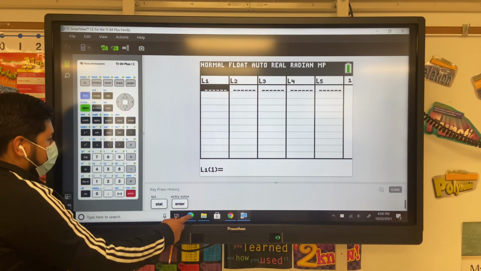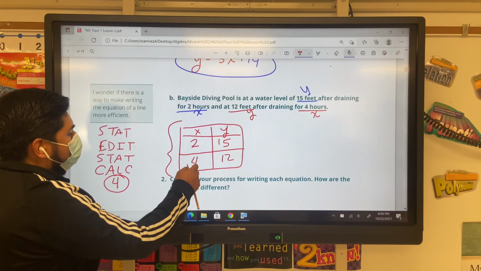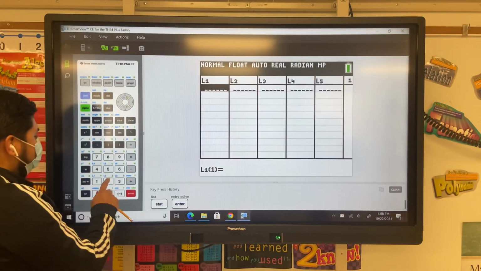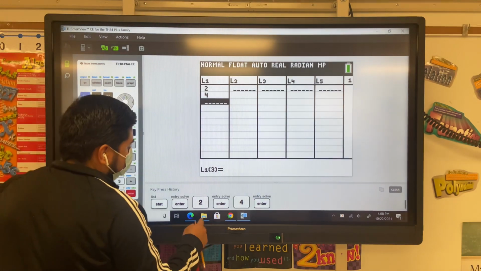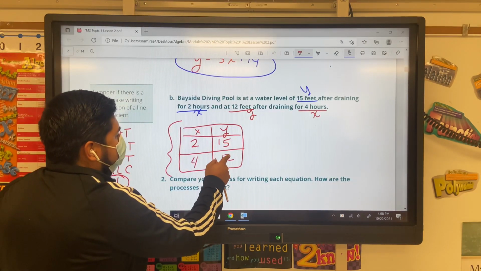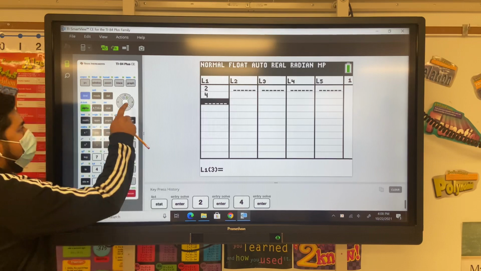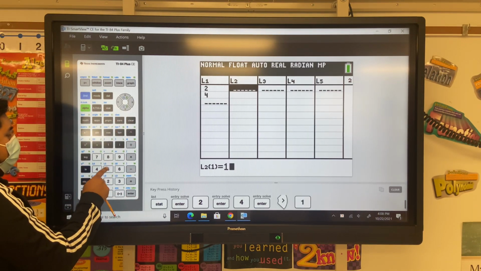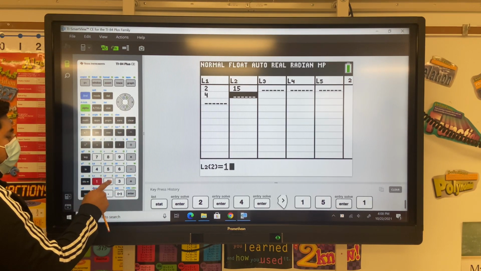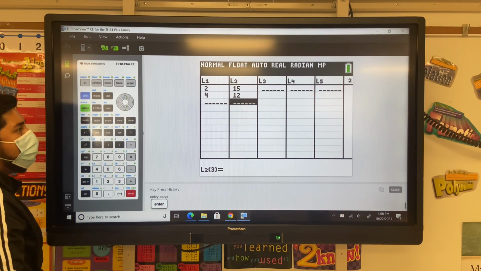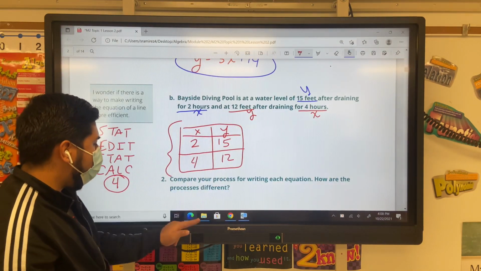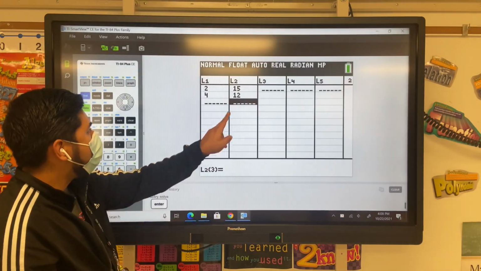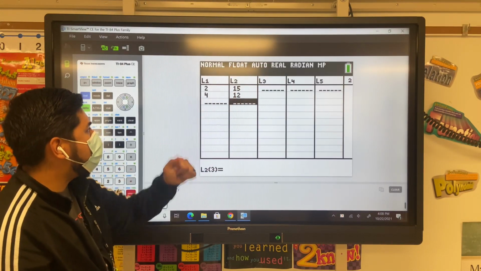Looking at the numbers, 2, 4, 15, 12. Side, 15, enter, 12, enter. I have the table, double check that I did it right. 2, 4, 15, 12 looks good.